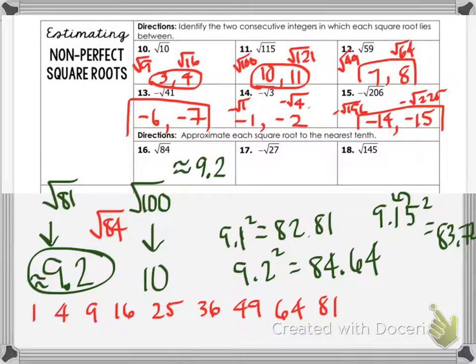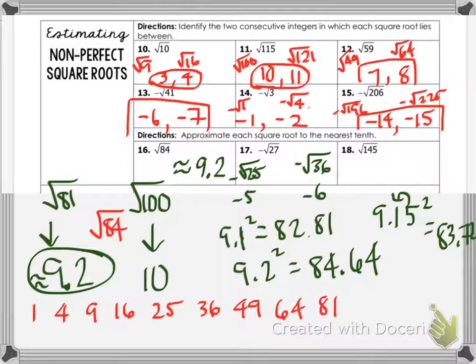All right, so now we're going to find the opposite of the square root of 27. 27 is not a perfect square, so we need to take a look at the opposite of the square root of 25 and the opposite of the square root of 36. That's going to be negative 5 and negative 6 is what two numbers it falls between. Negative 27 is closer to negative 25, so it's going to be 5 point something. All right, maybe about 5.2.